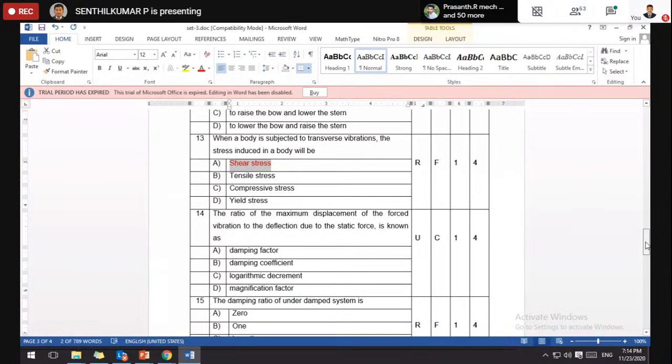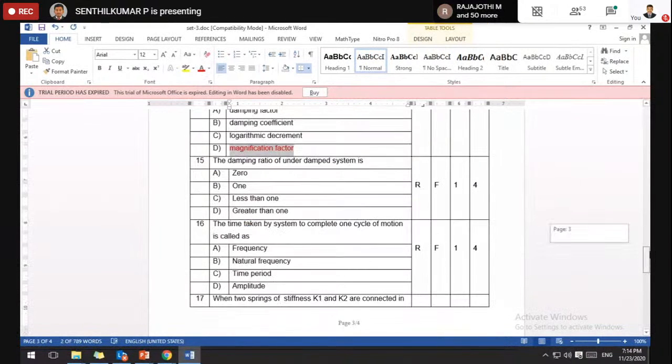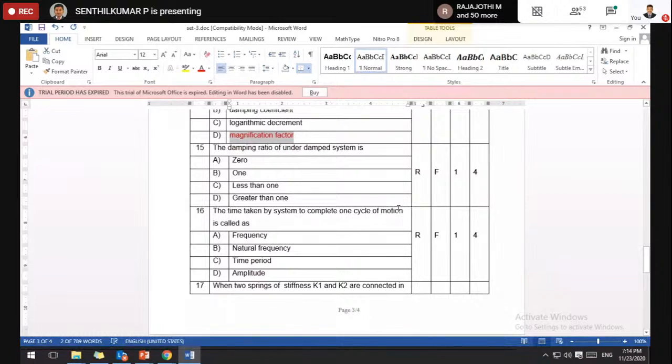Then the answer for the 14th question. The ratio of maximum displacement of forced vibration to deflection due to static force is known as the magnification factor. The damping ratio of an underdamped system is the 15th question.